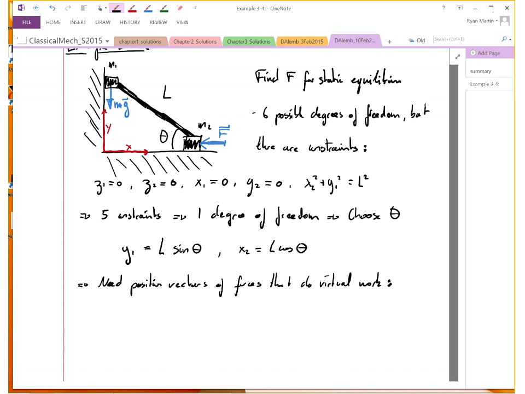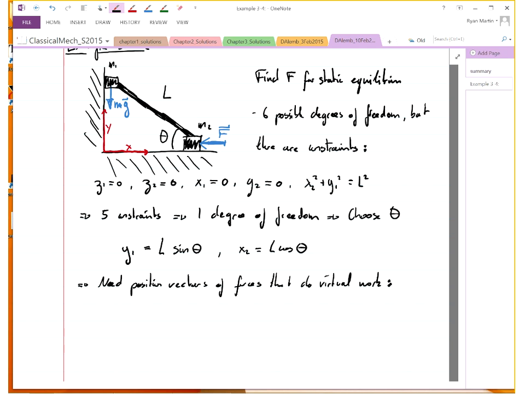If we were to draw all the forces, you would see that M1, like I mentioned earlier, is going to have these reaction forces from the wall, as well as the tension force from the rod. But those are forces that can do no virtual work, right? The reaction forces, to do any work, need to have a component that's parallel to the wall, but there's no friction against the wall.